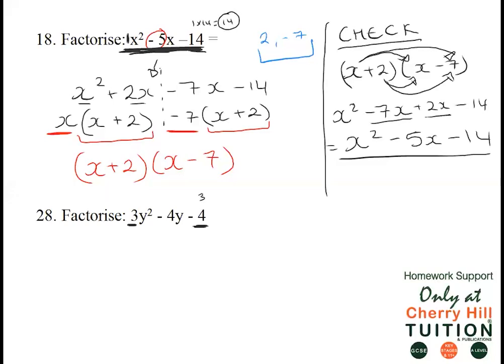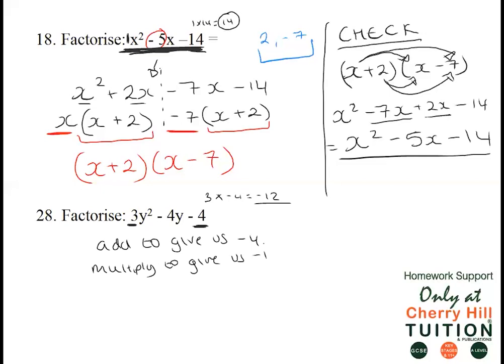So 3 multiplied by minus 4 is minus 12. Now we need two numbers that add to give us minus 4 and multiply to give us minus 12.